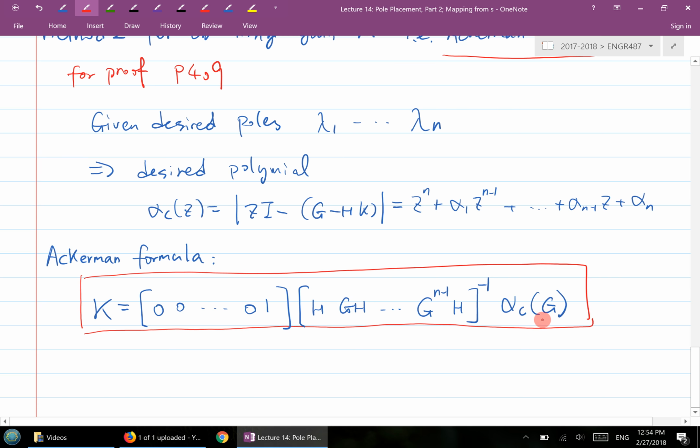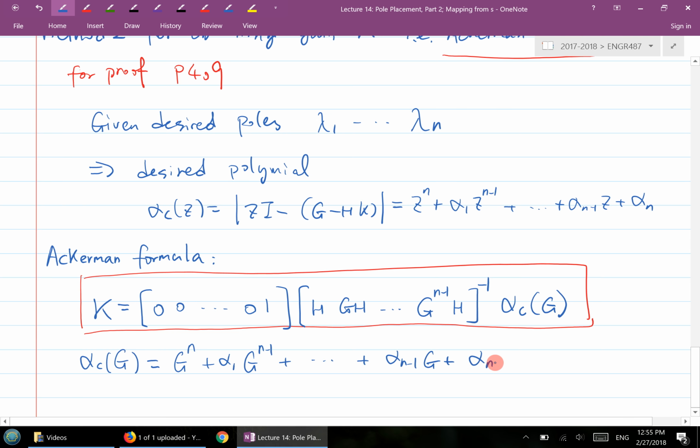The last one here is alpha c of G. What that means is, here's your desired characteristic equation, so all you need to do is replace that z with G. So you get G to the power of n plus alpha 1 G to the power of n minus 1, and so on, plus alpha n minus 1 G plus alpha n.